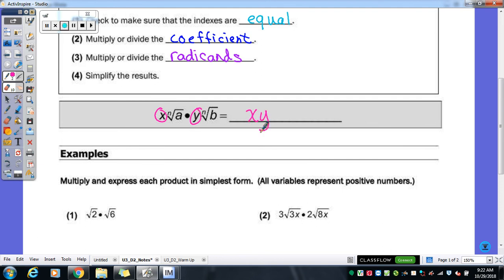So we would multiply those together and we would get xy. Underneath the radical we have an a and a b, so we would multiply those together and get ab. So xy radical ab would be our answer for that one. And then again, you would reduce if you could.